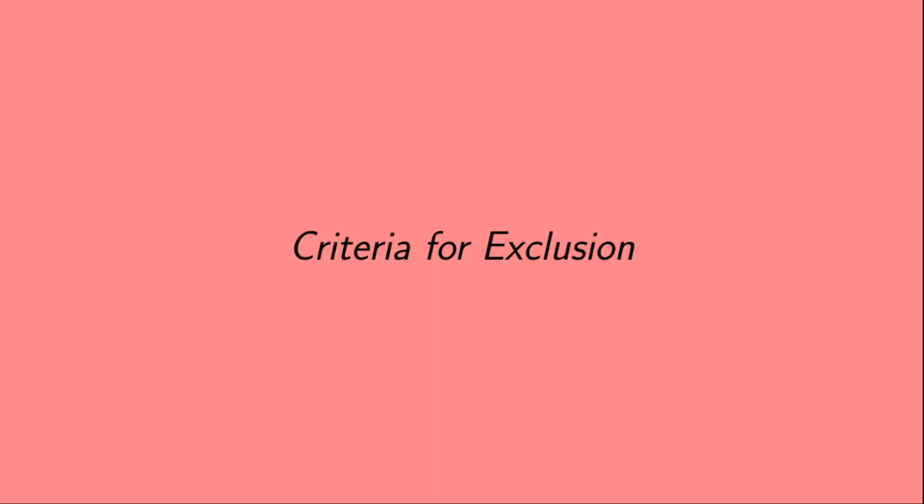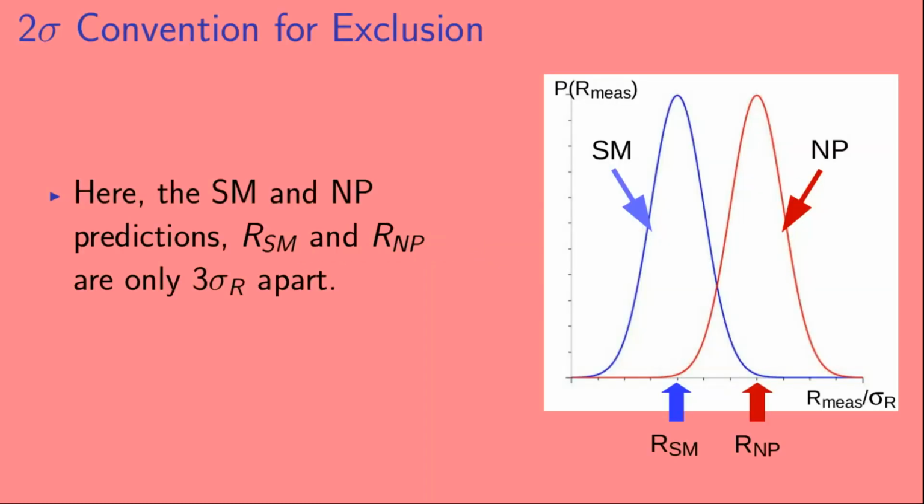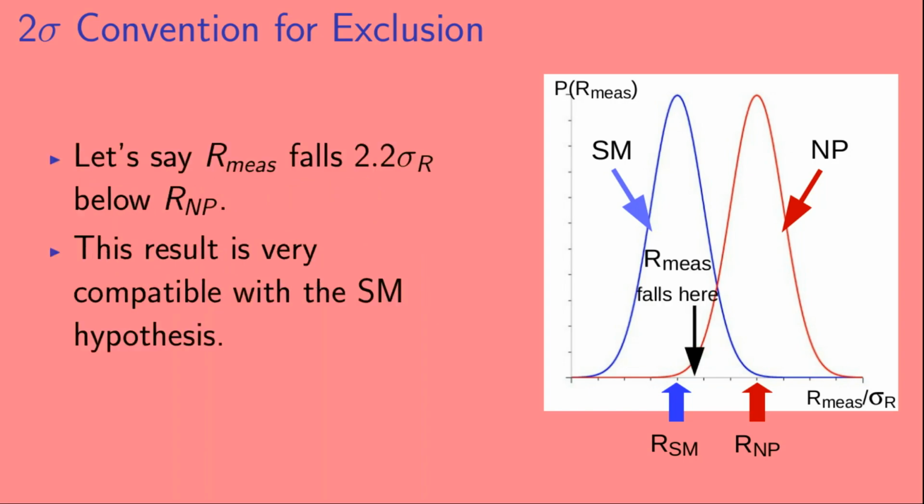Okay, now let's go on to the criteria for exclusion. Okay, so here in this example, the standard model and new physics predictions, RSM and RNP, are only 3 sigma R apart. Let's say that R measured falls 2.2 sigma R below the new physics expectation RNP.